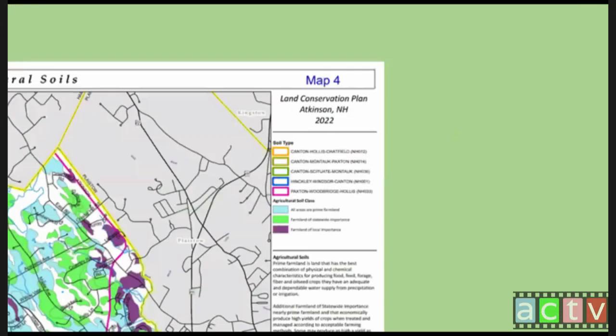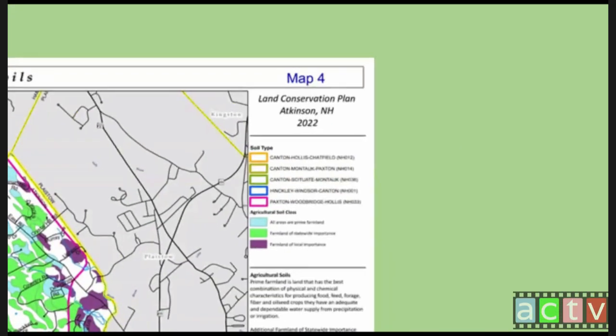Looking at the legend for this map, we see that the underlying soil types are shown again, just the lines on this map without shading, with agricultural soils data overlaid on top of that. There are 3 categories of agricultural soils shown on the map. Soils of statewide importance are shown in green, soils of local importance in purple, and other areas with good farming soils in blue.